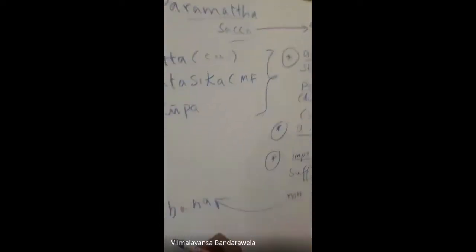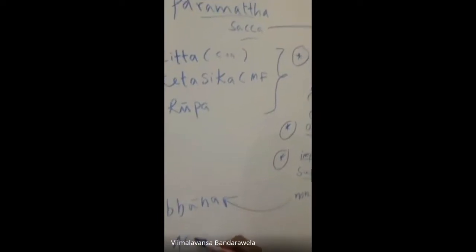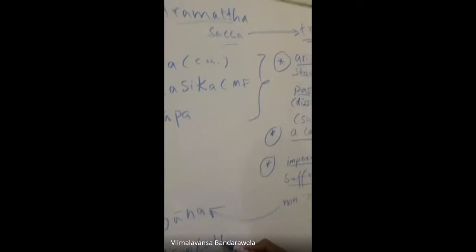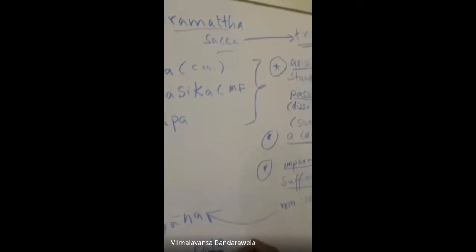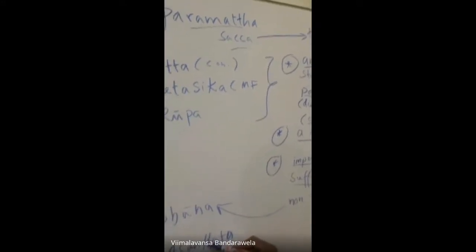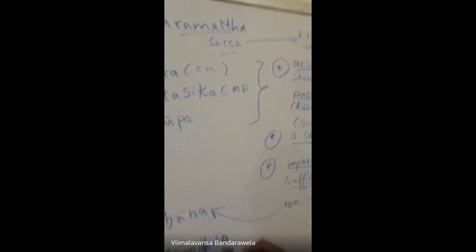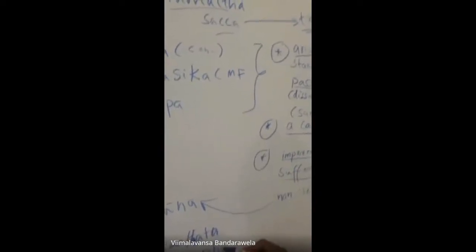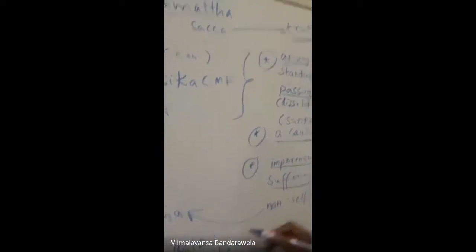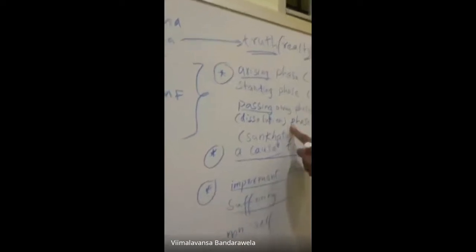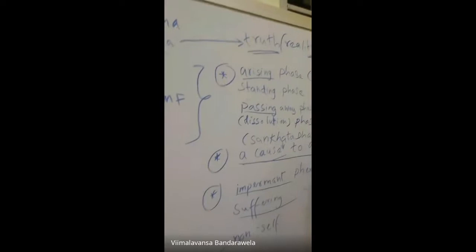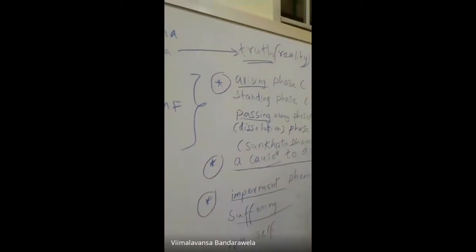So then Nibbana is asankhata, right? Nibbana is asankhata dhatu. This is sankhata dhamma, right?